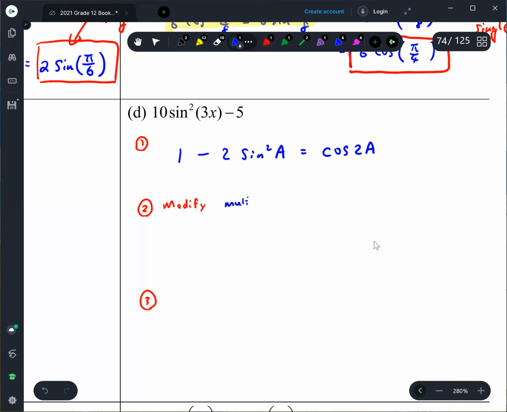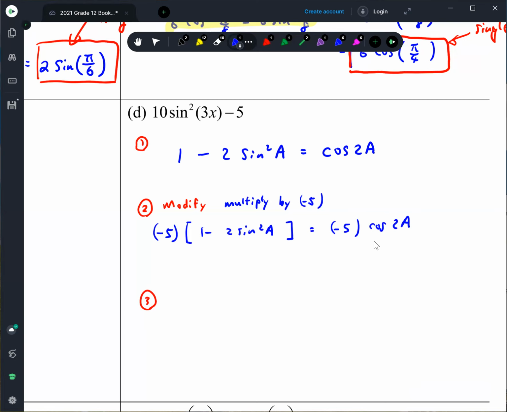Multiply by -5. Okay, so left side times -5. Okay, right side times -5. All right, so -5 multiplying, you get -5 plus, right?